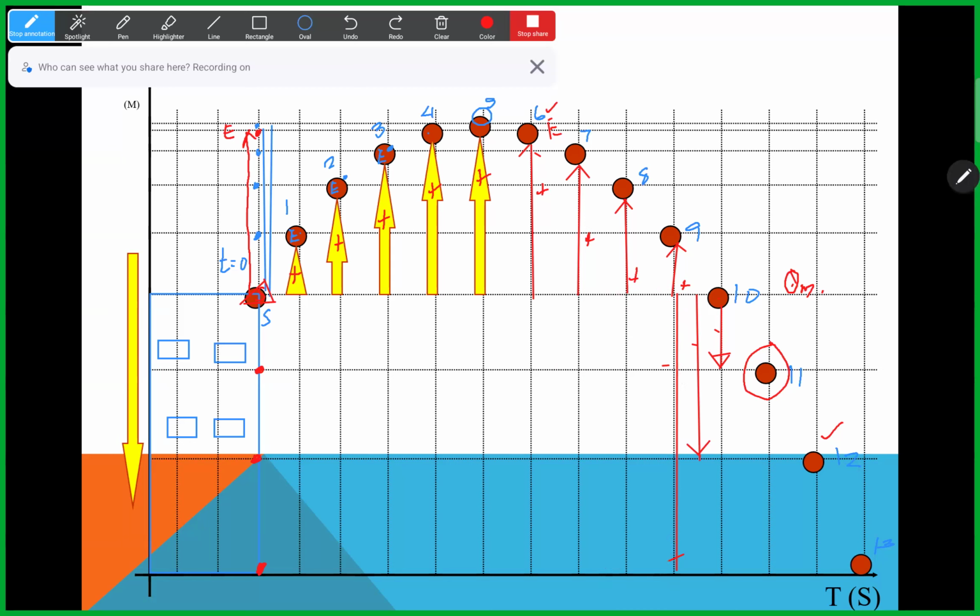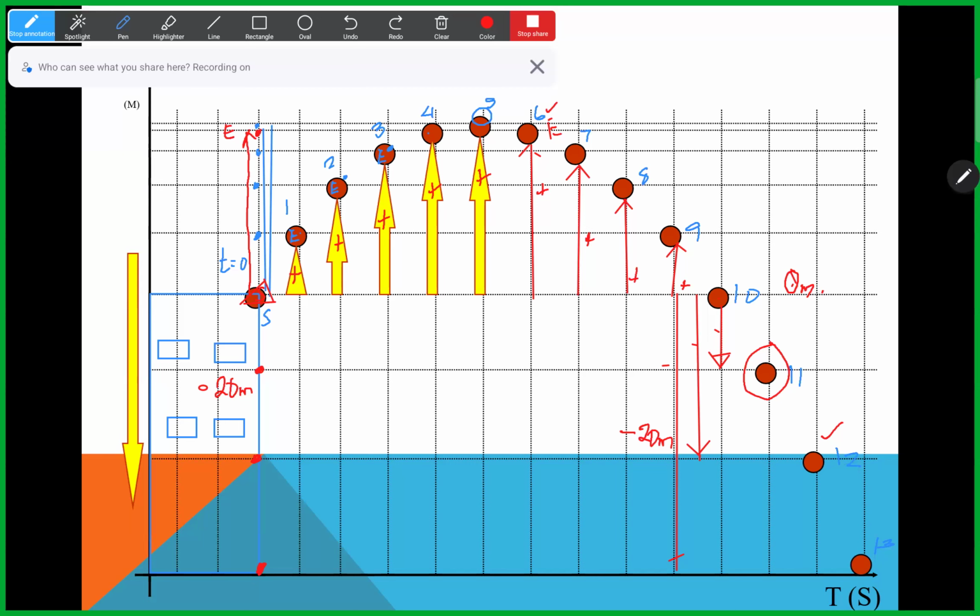The length of that vector and the height of the building is exactly the same. So if this building hypothetically was 20 meters, then this displacement vector at the end is minus 20. So if somebody asks you what's your displacement after 13 seconds, when this object is hitting the ground, the displacement is minus 20.